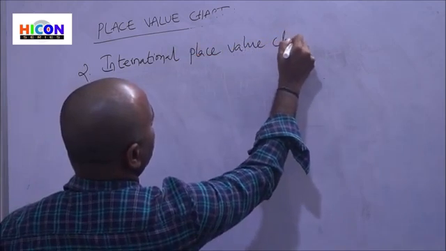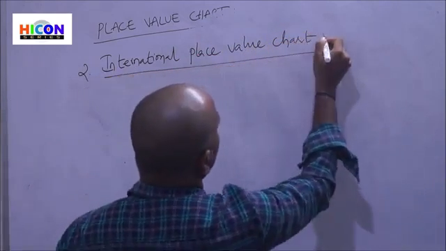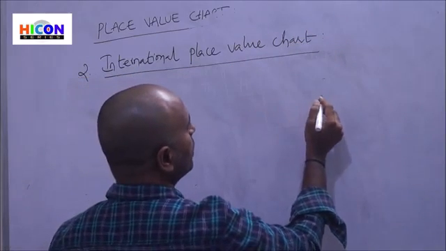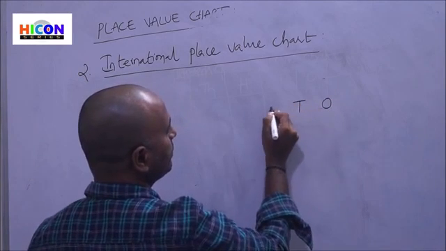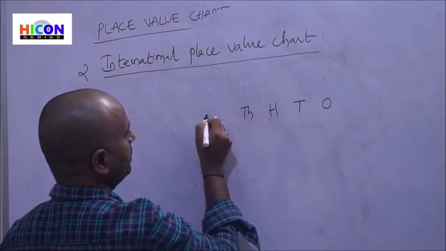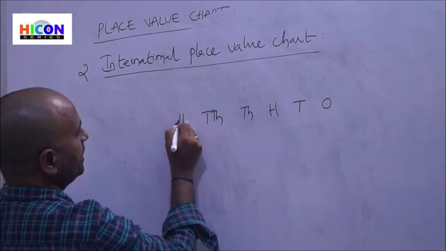In the international place value chart, there are also different places, and the places also start from ones, tens, hundreds, thousands, 10,000s, and 100,000s.